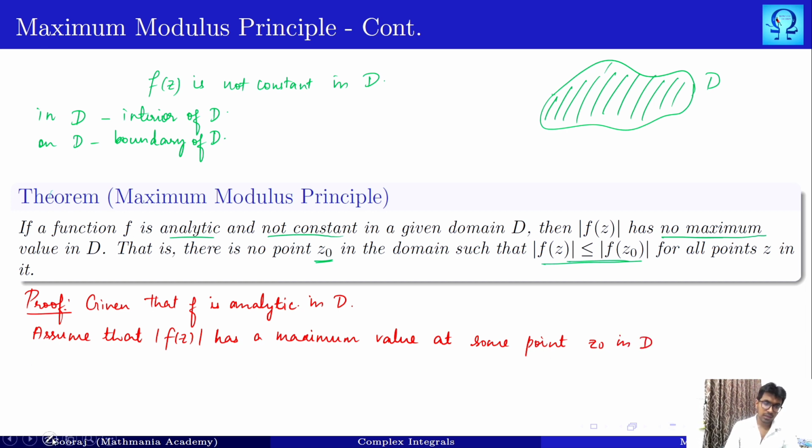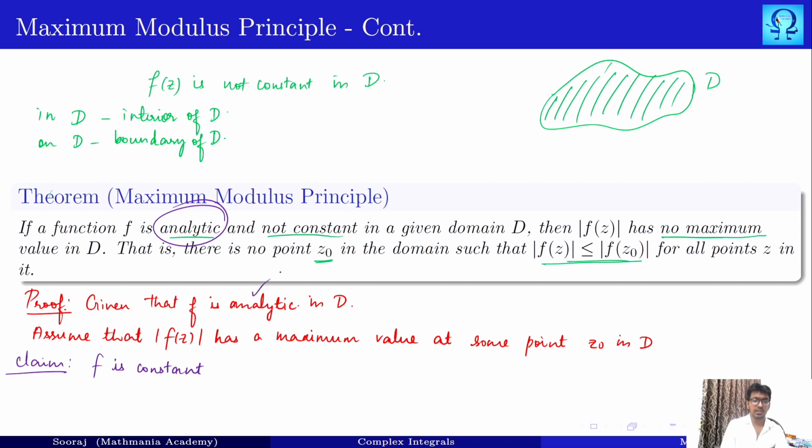Then our claim is f is constant. Why should we prove this one? It is just because analyticity is assumed in general.